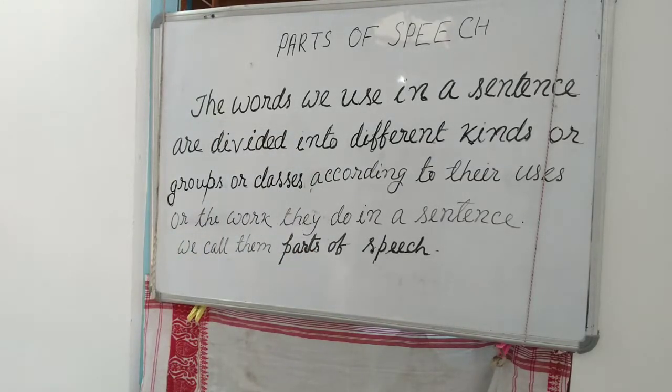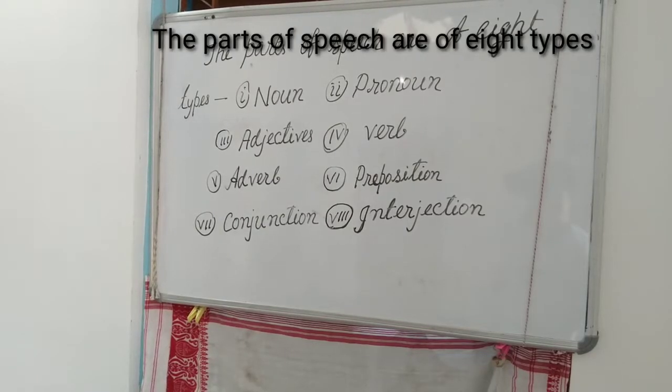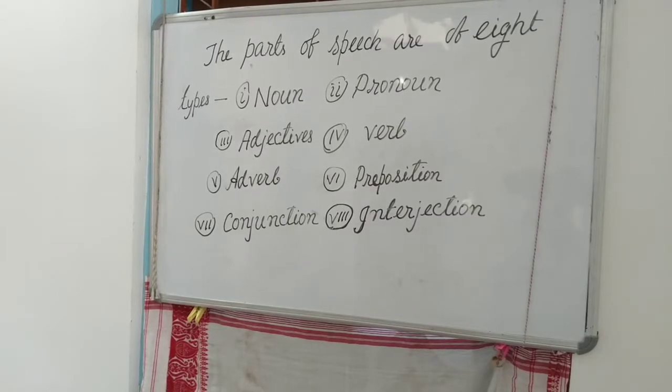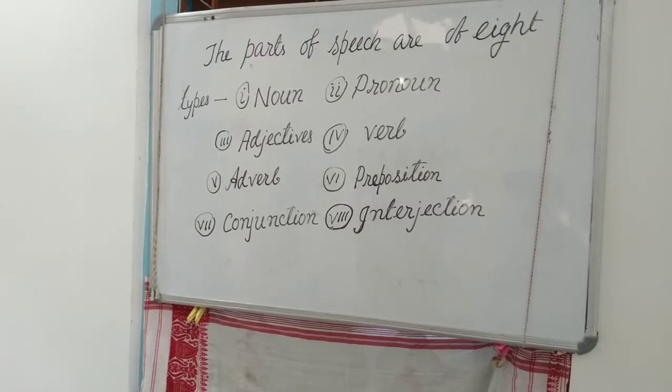These word groups are called parts of speech in English grammar. These parts of speech are 8 types. That means they can be classified into 8 groups. These are noun, pronoun, adjective, verb, adverb, preposition, conjunction, interjection.